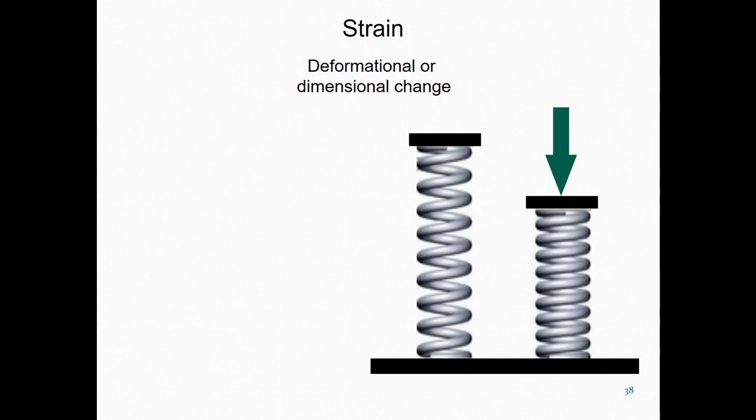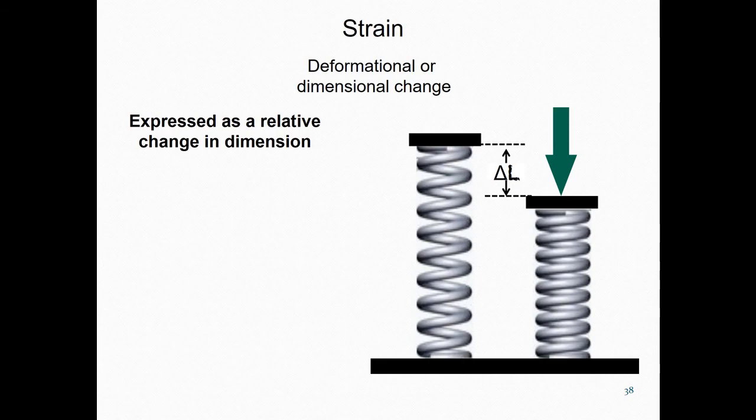Here we see a simple example of a spring that's being compressed via a force imposed from above. This applied force changes the length of the spring. If the spring is originally 10 centimeters long and it's 8 centimeters long after it's been deformed, then the change in length, delta L, is 2 centimeters.